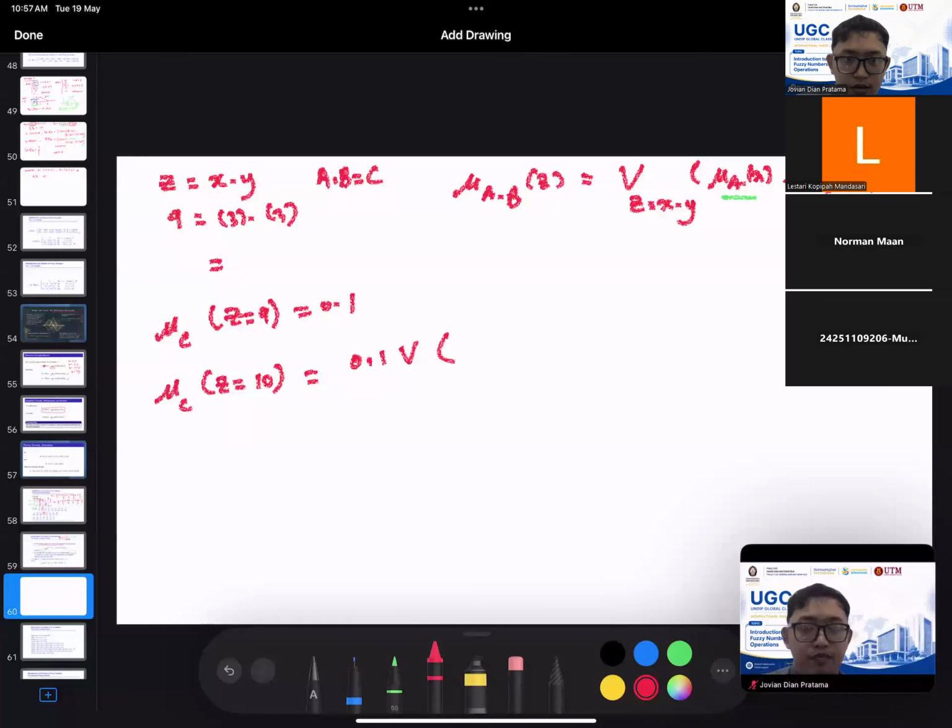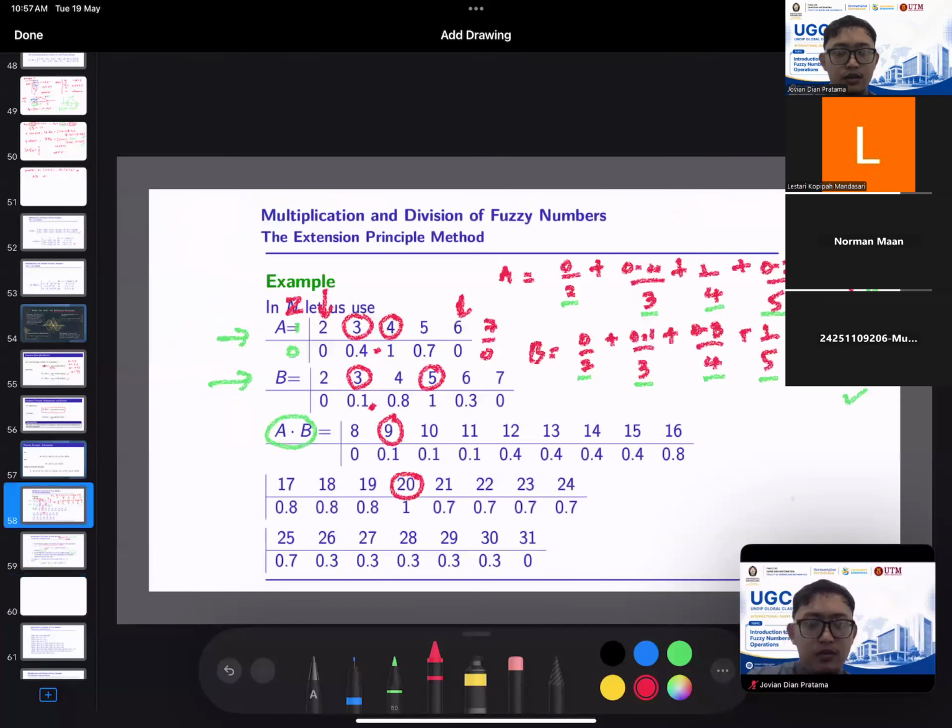you want to get 10, you look into the formula again, how to get 10. So what actually are the values of X and Y to get 10? You cannot multiply 3 by 9 to get 10, there is no such multiplication, or 2 multiplied by 5. Here you will get 10, but the value is 0. So the minimum between 0 and 1 is 0.